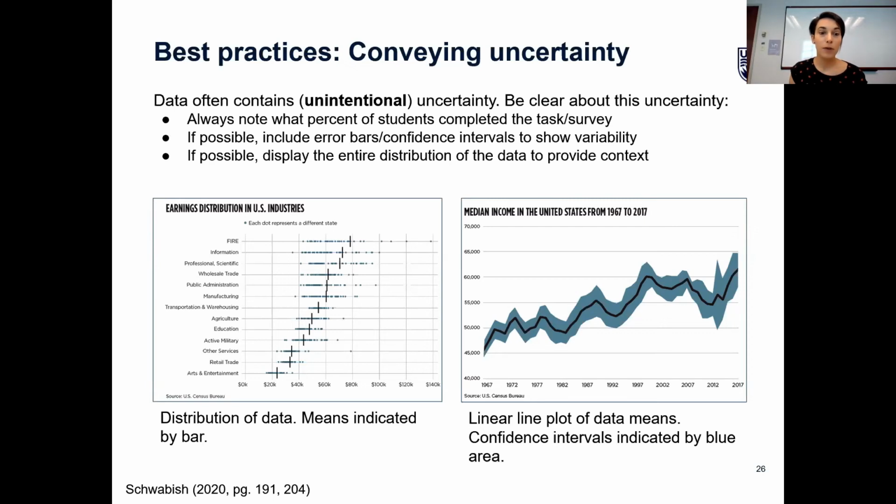Another thing to really be mindful of, and this speaks back to that first point around noting what percentage of students completed the task or the survey or are represented in the data, is that, for example, if any of you have conducted a survey in your classroom, something that we often help professors with, it's quite rare for every student to complete the survey.